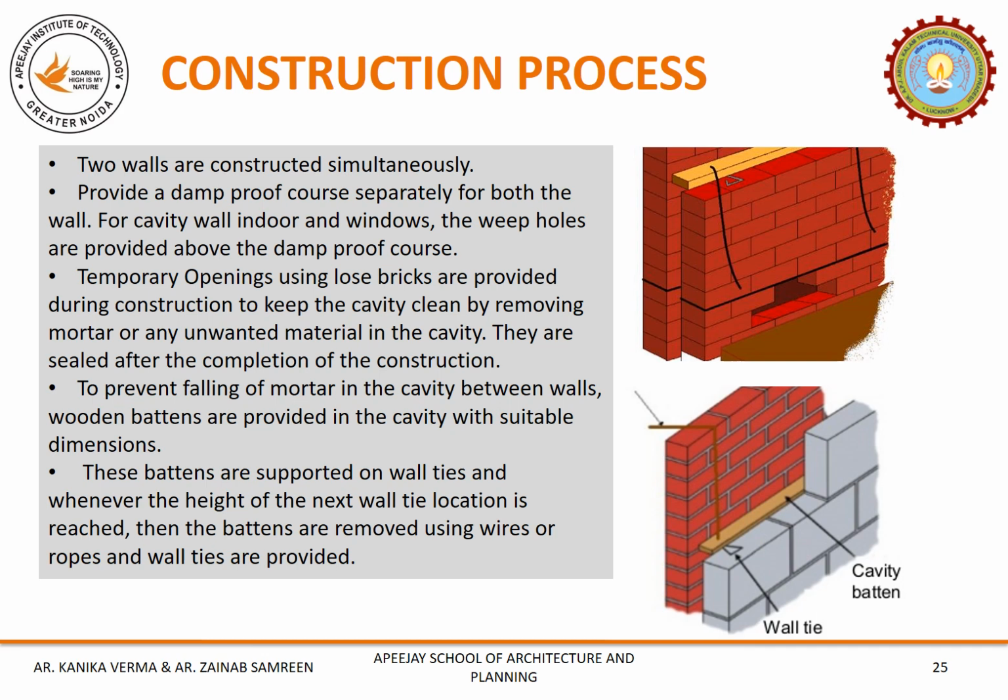So the mason can hang the wooden battens in the cavity using ties, which help to collect the mortar dropping inside while constructing, and can be taken out by pulling those battens using the wires or ropes which were basically used to hang those wooden battens inside the cavity.